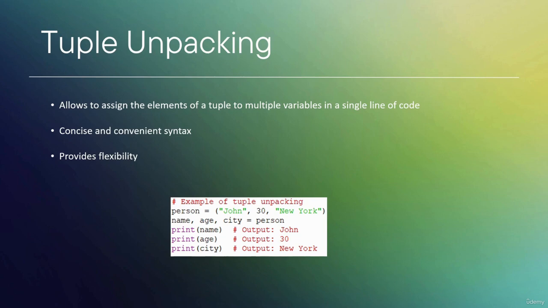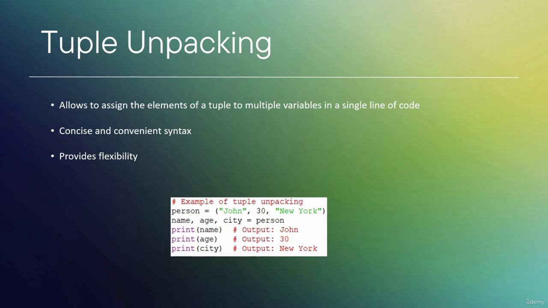Person is the name of the tuple. What it says is, okay, in the person tuple there are three values and there are three variables, so assign the values in the same order to each of the variables. The first one will be assigned to the first variable, the second one to the second variable, and the third one to the third variable. And then if we print it, those are correct.